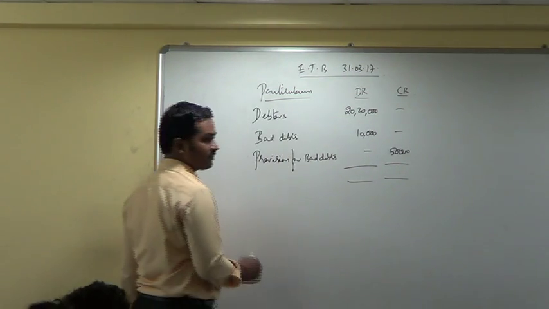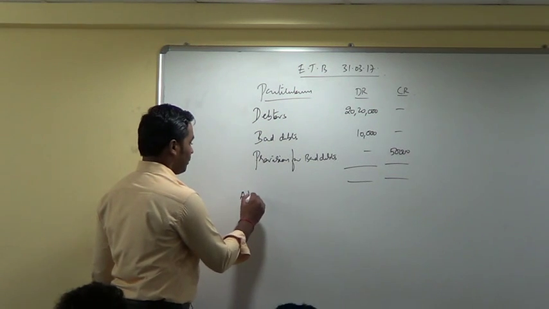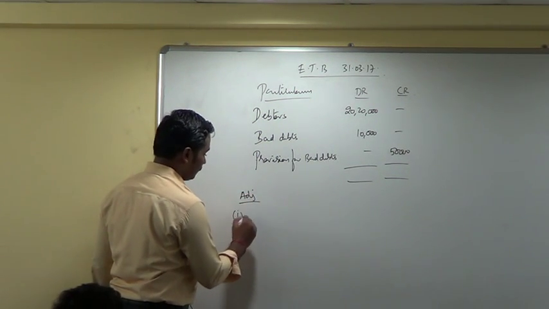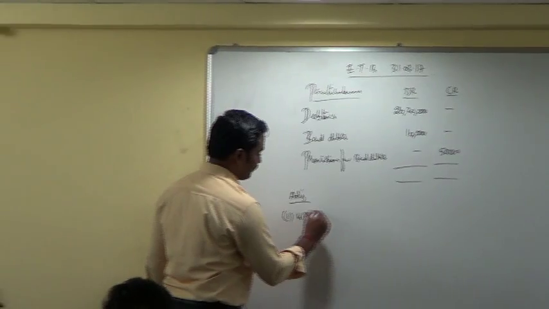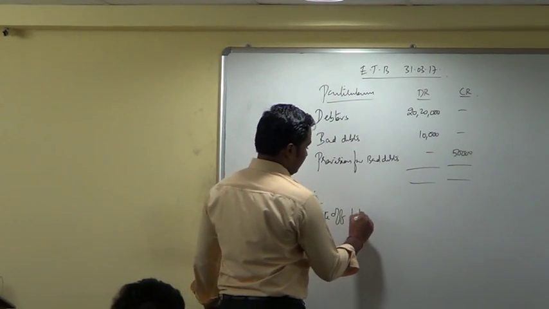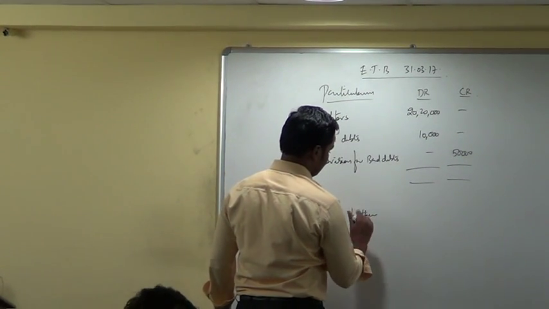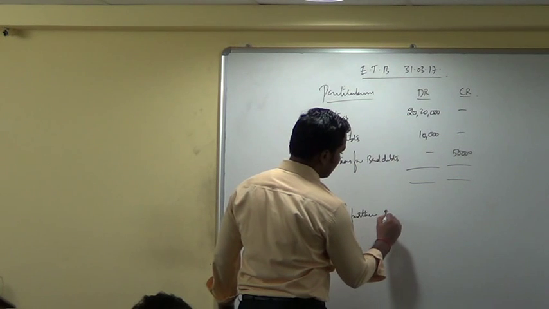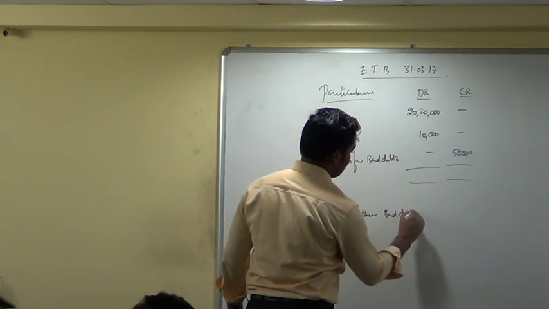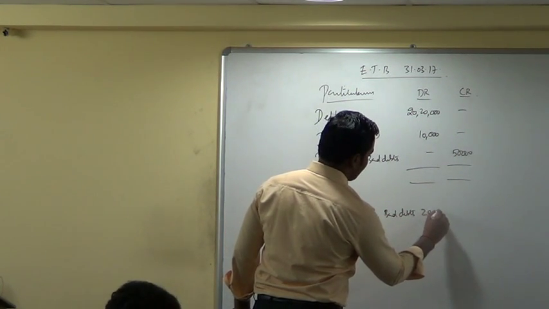Close the trial balance. Adjustment number 1: write off further bad debts. Further bad debts 20,000 rupees.